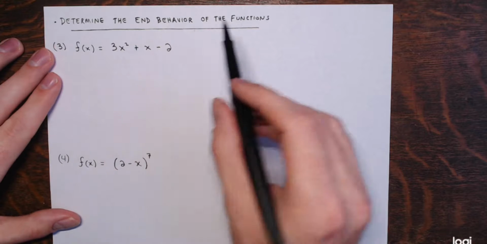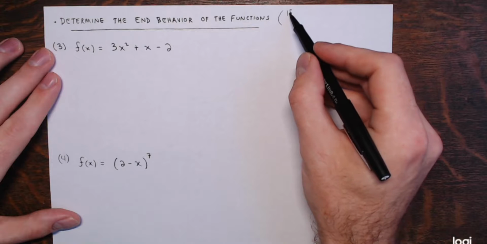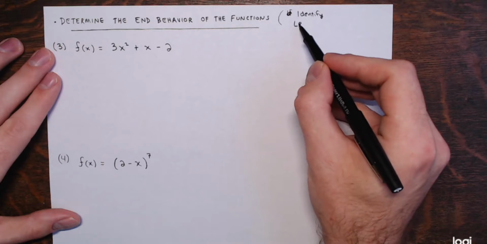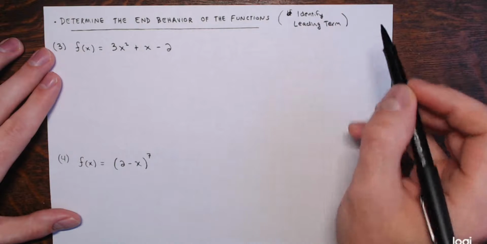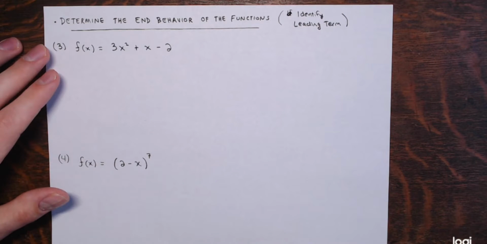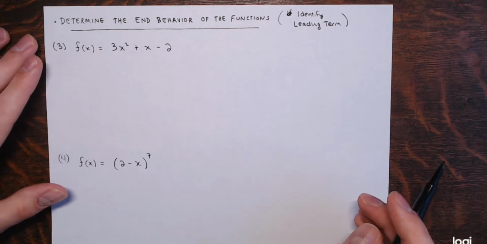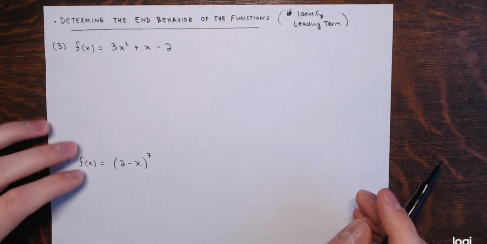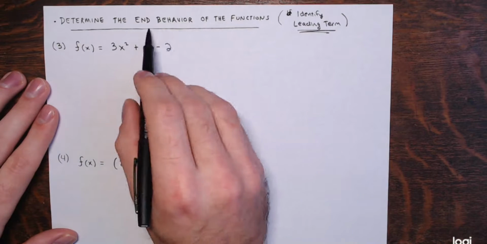So really you just have to identify the leading term. And if you know the leading term, you'll be able to very easily identify the end behavior, unless you make a little error in word. I spoke the word positive but said the word negative later, and it threw me off in the last example. So be careful. I like using my calculator, Desmos, to check me.